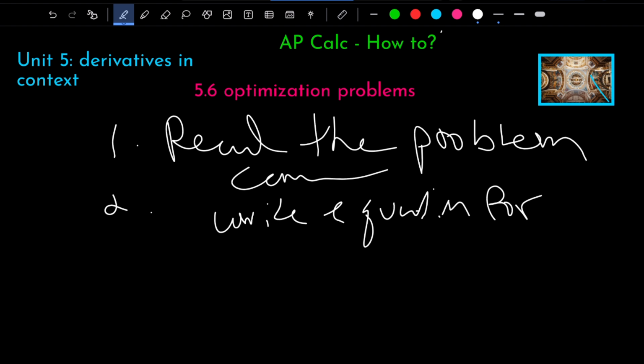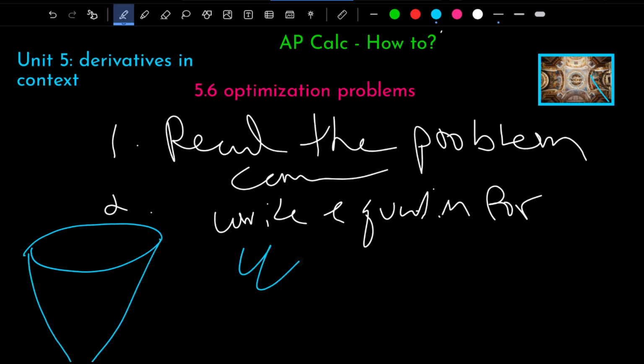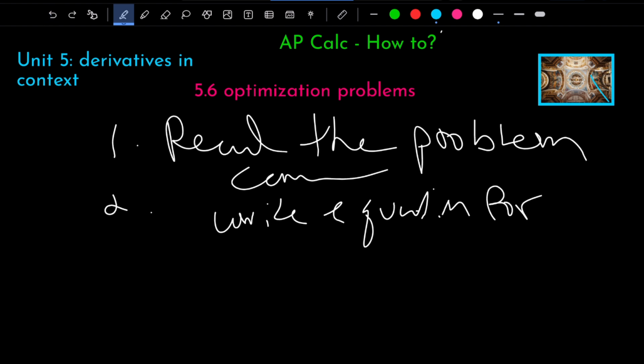What does this mean? It means write the equation that the problem is based on. If it's talking about maximizing the volume of a cone, write the formula for the volume of a cone, whatever it's asking for. Write the equation out, and then you can build upon it.